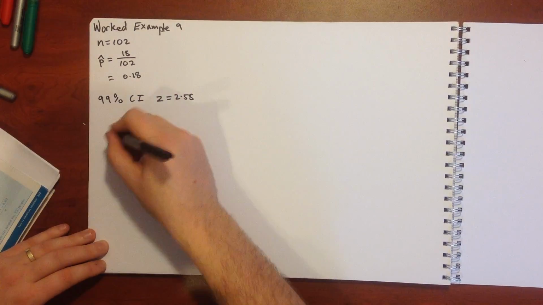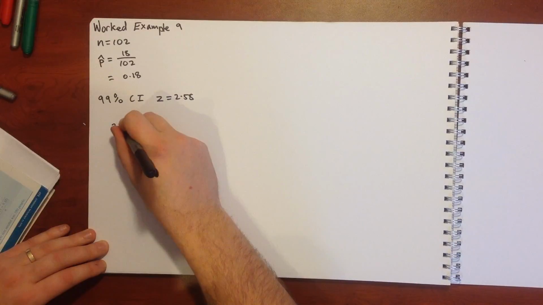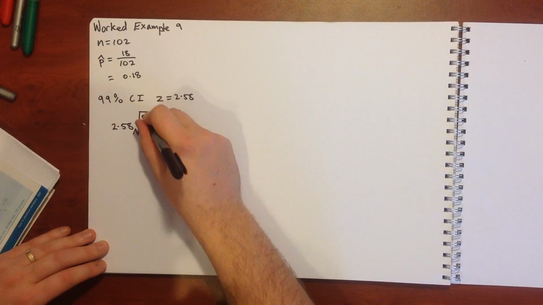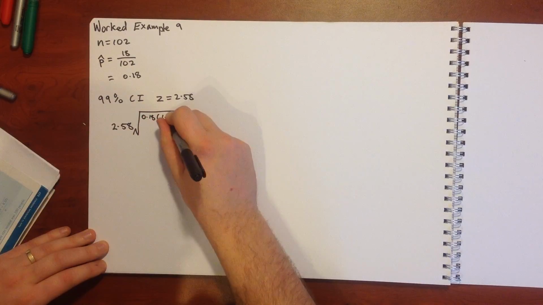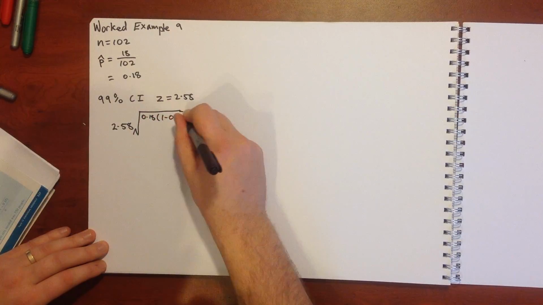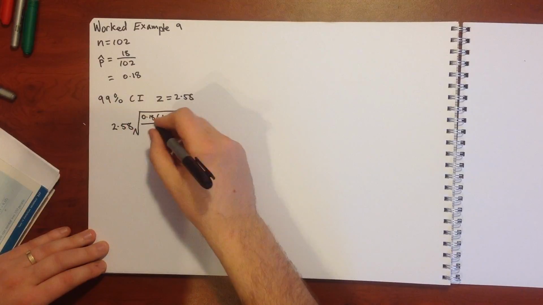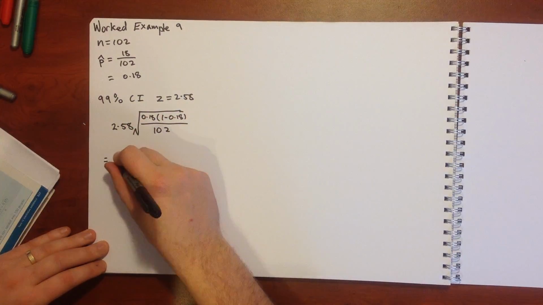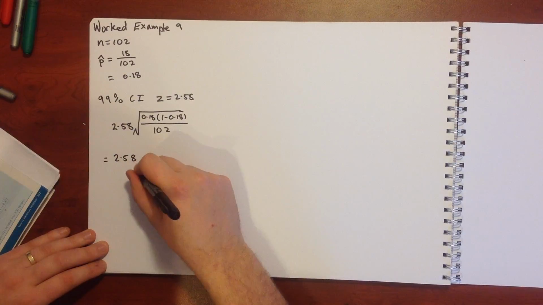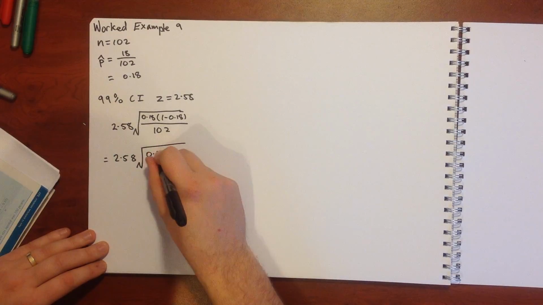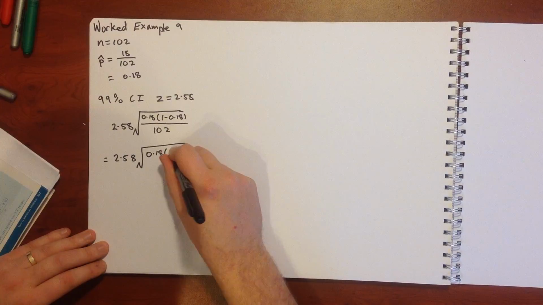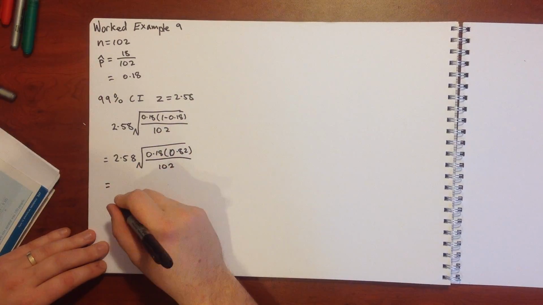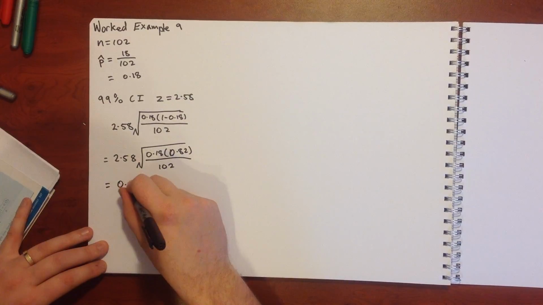So that means we're going to get 2.58 times the square root of our p hat, which is 0.18, times 1 minus 0.18, over our n, which is 102. Which means 2.58 times the square root of 0.18 times 0.82 over 102. So when we do that, we get 0.098.